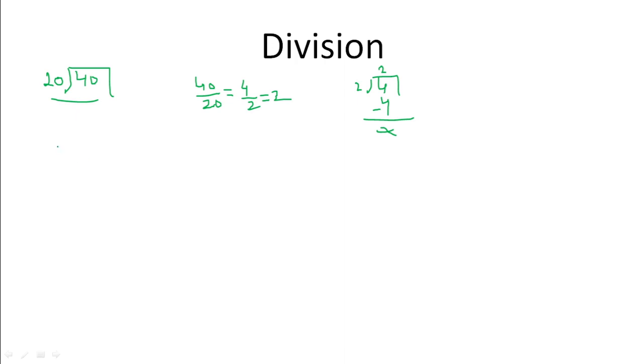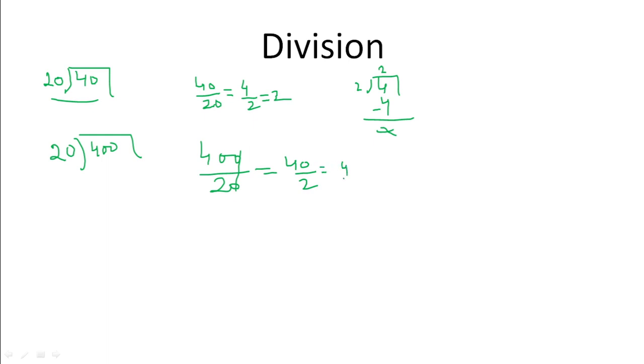Now suppose if we divide 400 by 20, then we can write like this: 400 divided by 20. 1 zero here, 1 zero here, so we can cancel these zeros. This is a similar thing. 40 divided by 2. Now this is 0. Forget this 0 for some time.